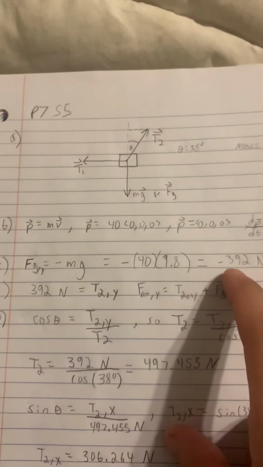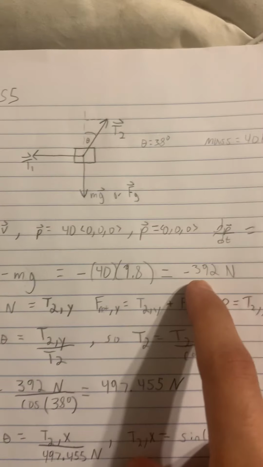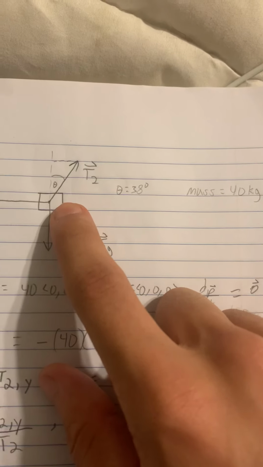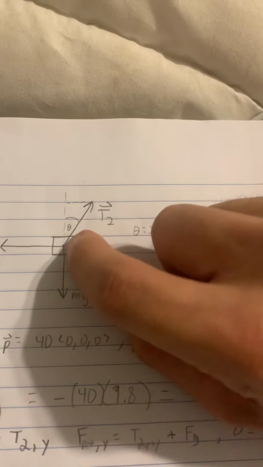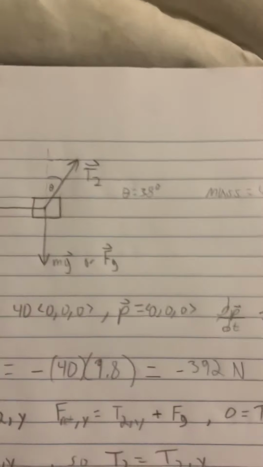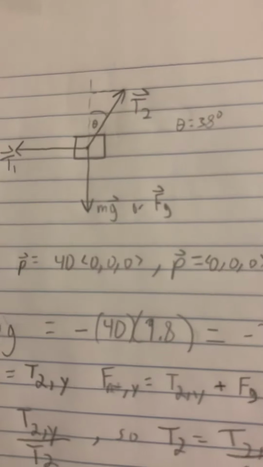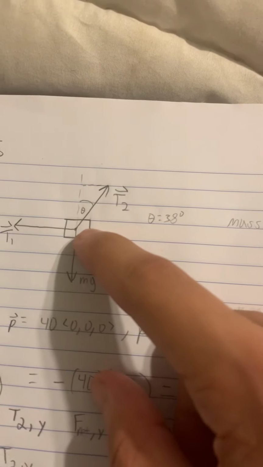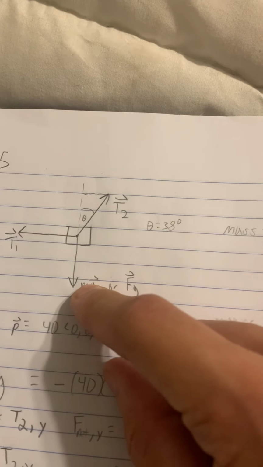And now D, what is the y component of the force on the block due to rope 2? So that'd be the force going straight up this way. And intuitively you can figure this out too, because since this is not moving up or down, it's motionless, the force going up has to cancel out exactly the force going down.